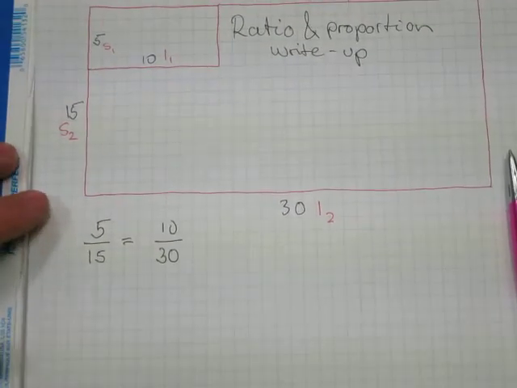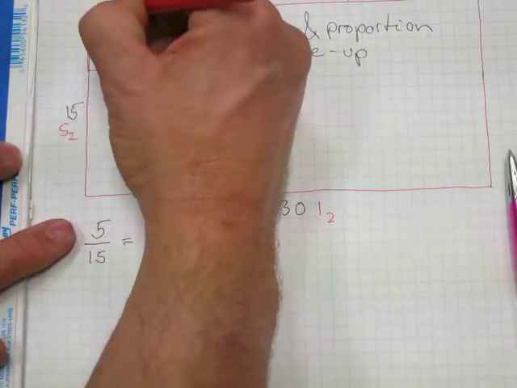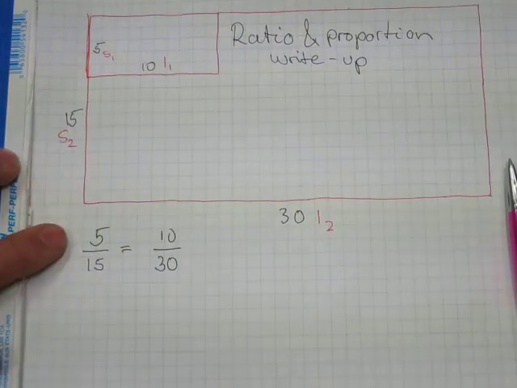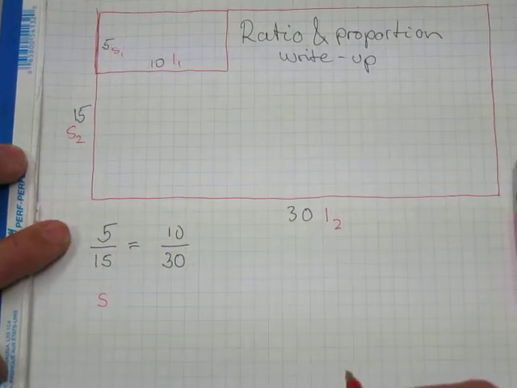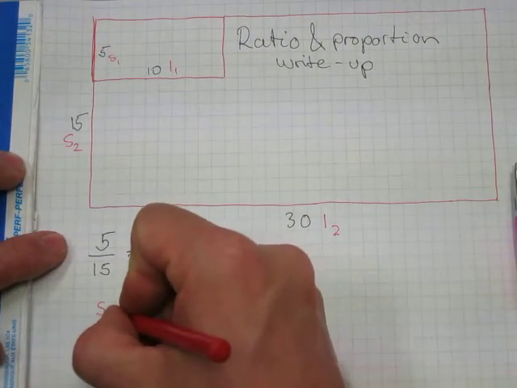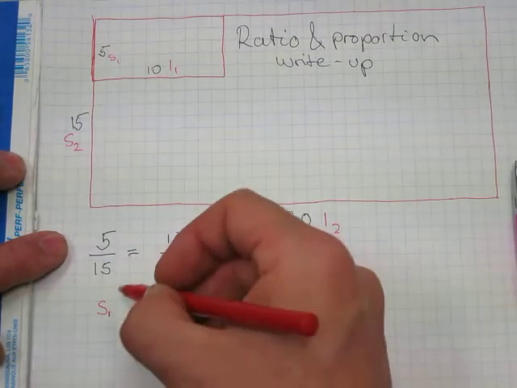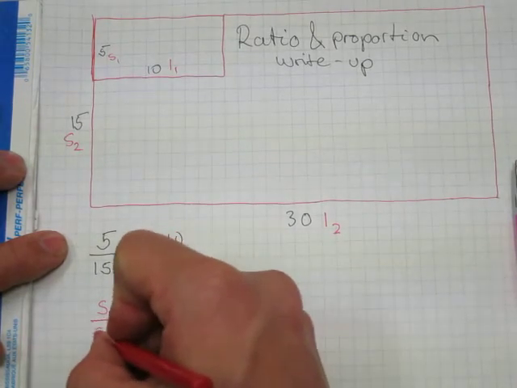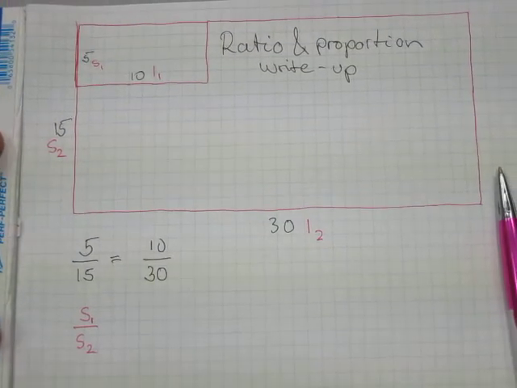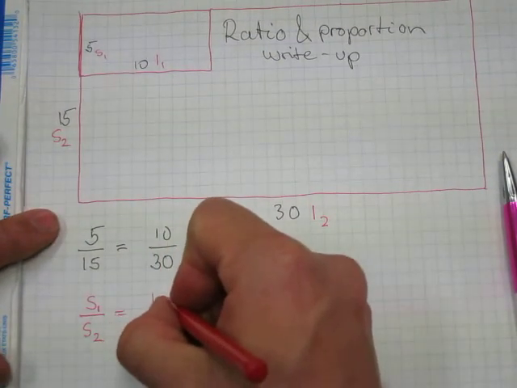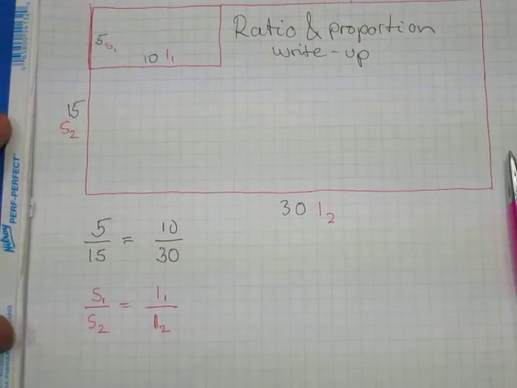So far I wrote that the 5, the short side on the small square, is the numerator in the first one, so that's the short side on the smaller square, is proportionate to the short side on the second, bigger square, and the long side on the first shape is proportionate to the long side on the second shape.